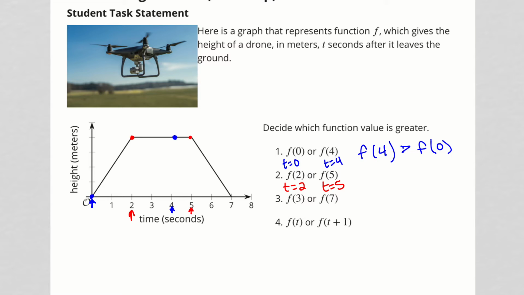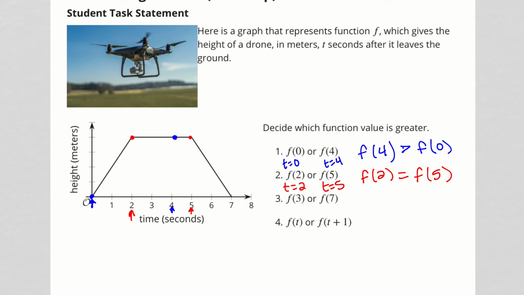Is one of these bigger? No, they're the same. So f of 2 equals f of 5. They have the same height. Okay, let's do the next one.